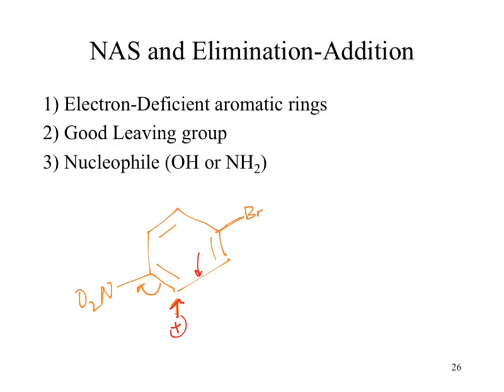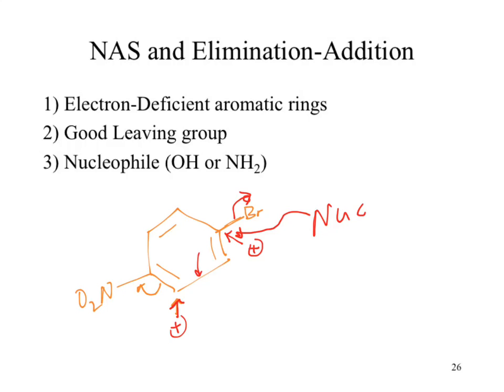If we did resonance, what charge builds on that carbon? Positive. Because of the electron withdrawing group, that carbon becomes even more positive, more electrophilic, which is exactly what we want for the NAS reaction, because we want our nucleophile to be able to come in and kick that guy out.